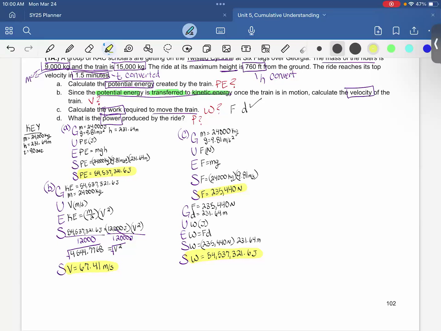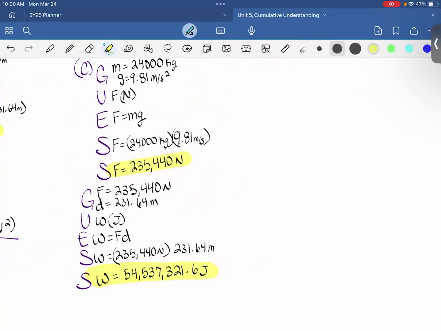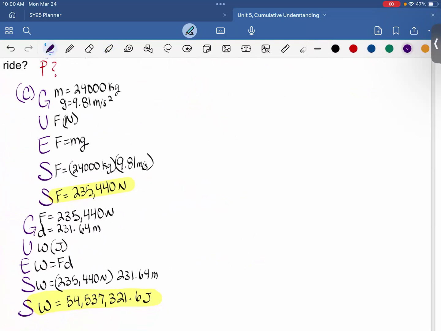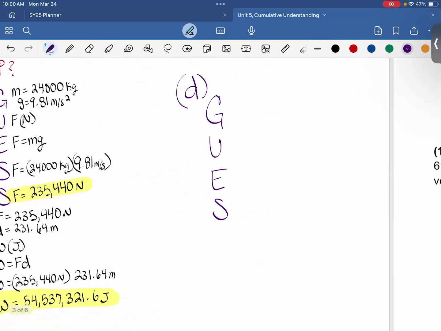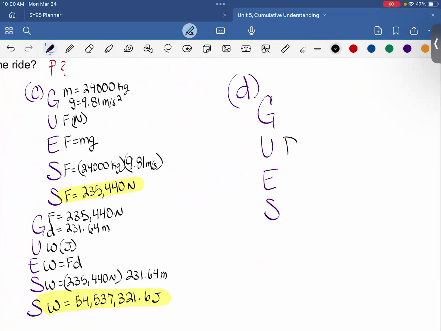All right, so our last step here, part C, asks us to solve for power. Now we have all the information we need to solve for power because we needed to know the work in order to find power. Power is the rate at which work is done.